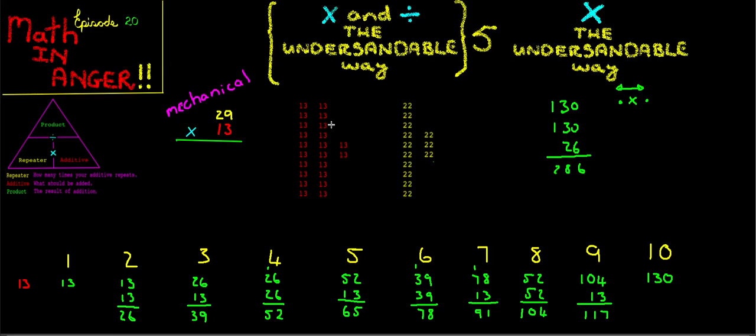So we're basically doing this. Right? And here again, now the mechanical method. 9 times 3 is 27. 2 times 3 is 6. And remember to add this 2. So that gives you 87.